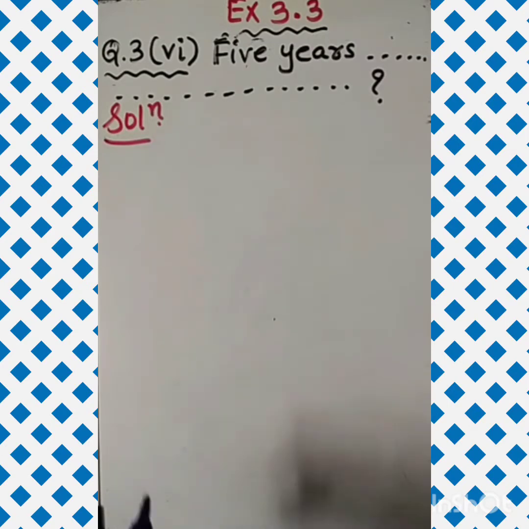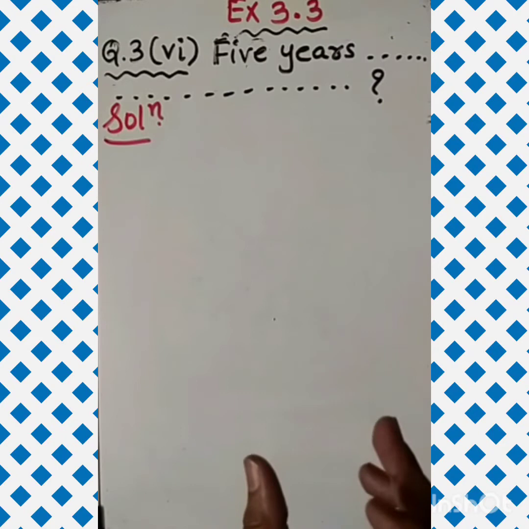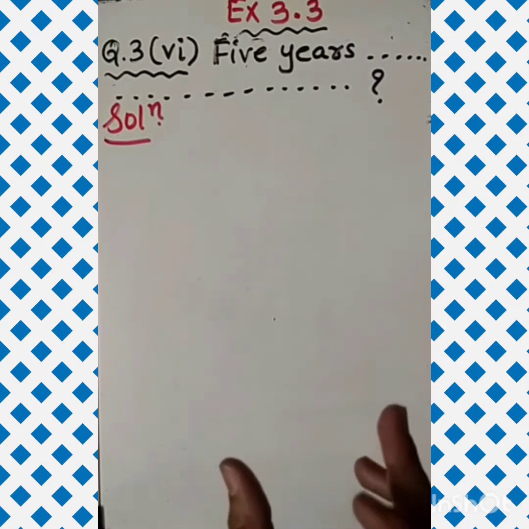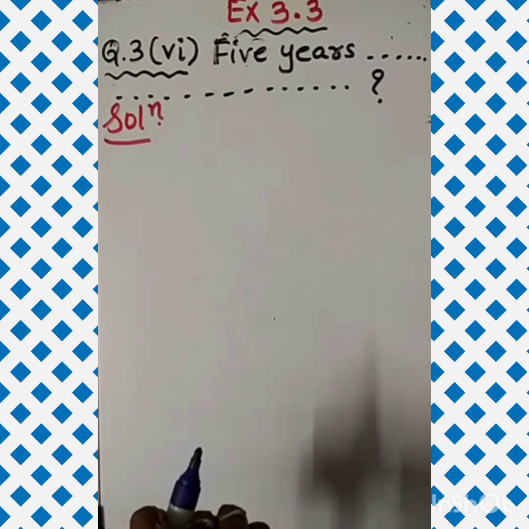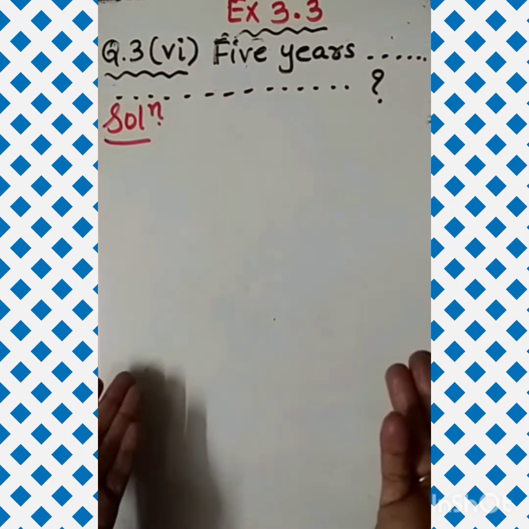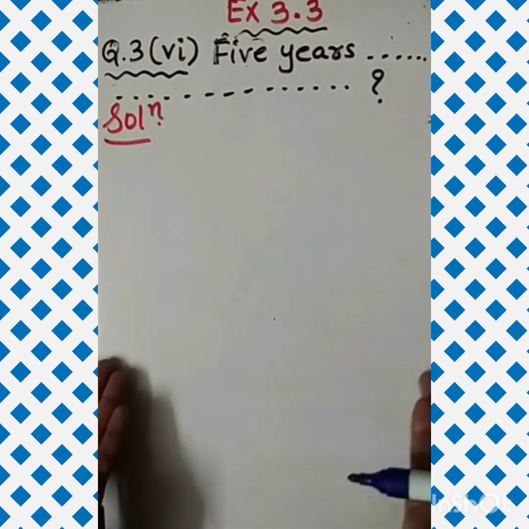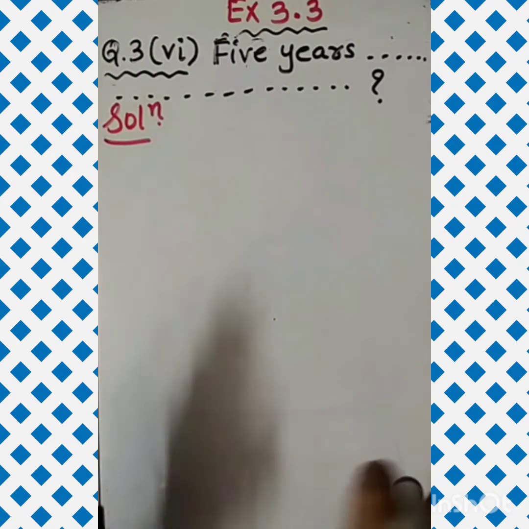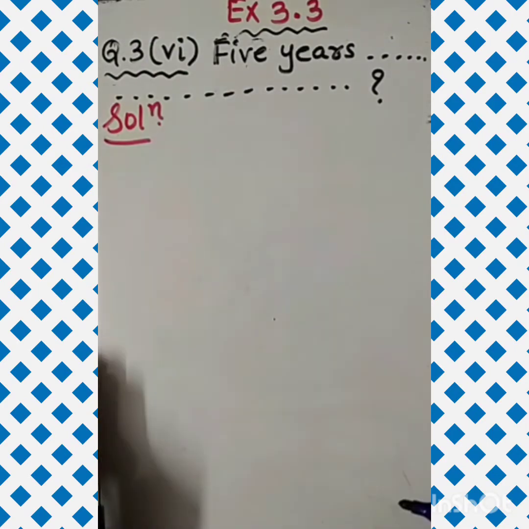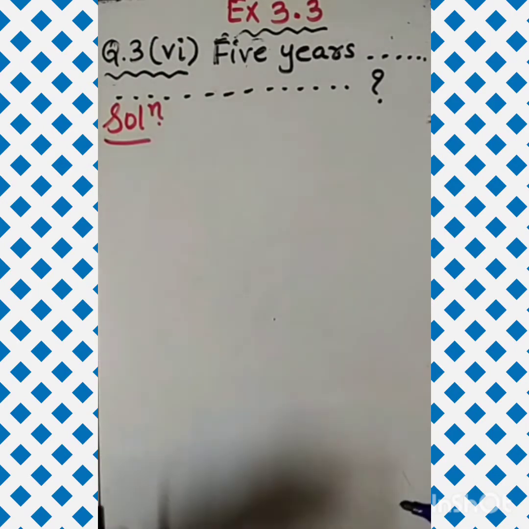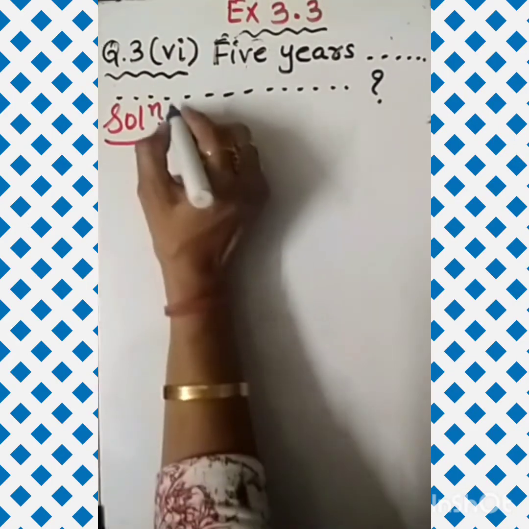In the last line of the question, we are asked to find their present age. Now my question, do we know the present age of Jacob? No. Do we know the present age of his son? No. So let's start the solution.